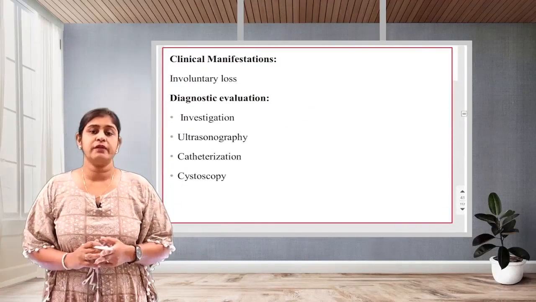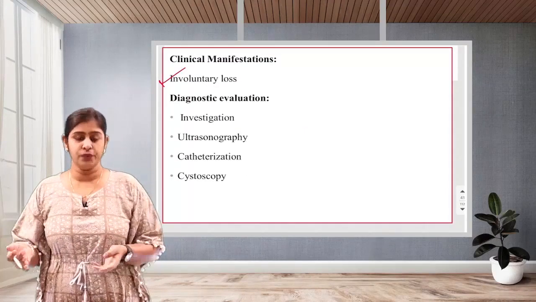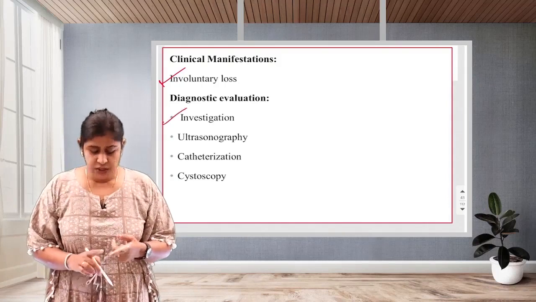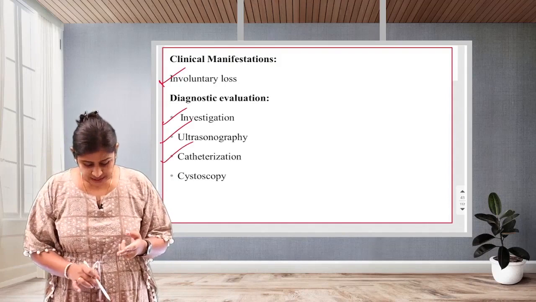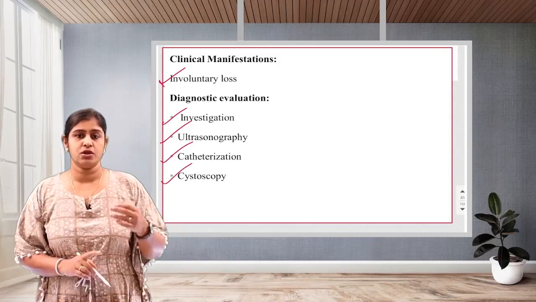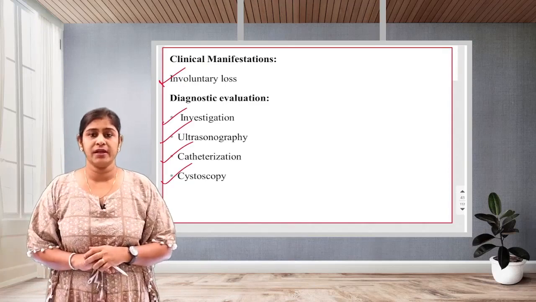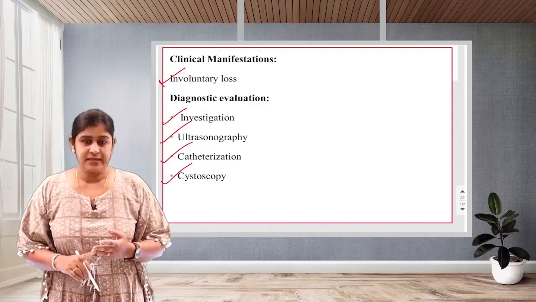Clinical manifestation will be involuntary loss of urine. Diagnostic evaluations, that is proper investigation should be done: ultrasonography, catheterization and cystoscopy. These are the various investigation methods by which we can confirm urinary incontinence.